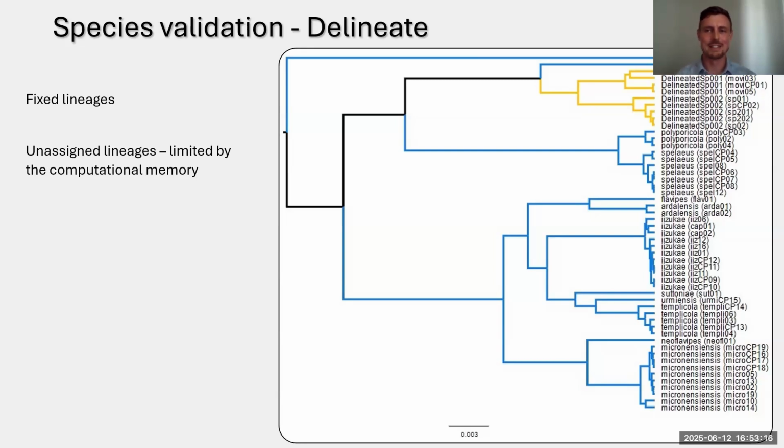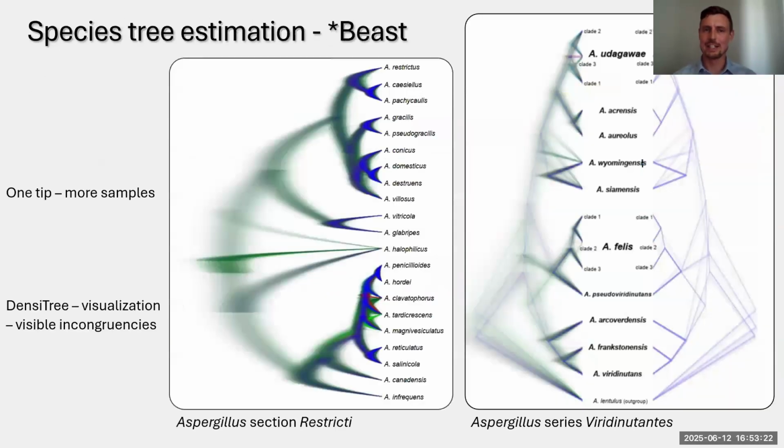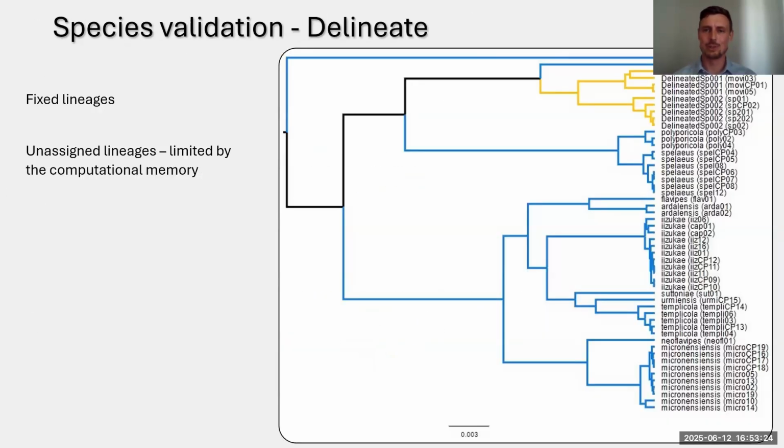So you have to think about the way that you will calculate your tree in the second step, so that you will not end up with many lineages that have to be left unassigned, because if you use too many unassigned lineages, the analysis will have troubles finishing properly.